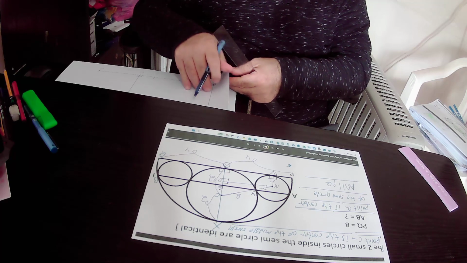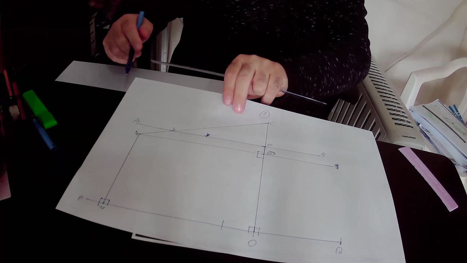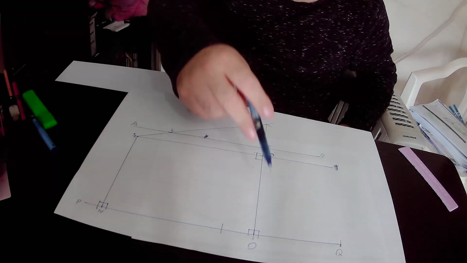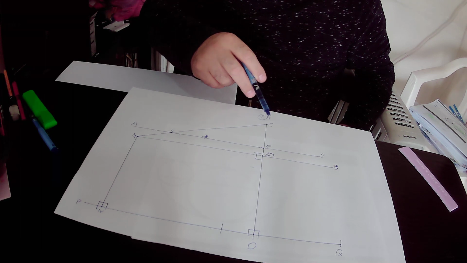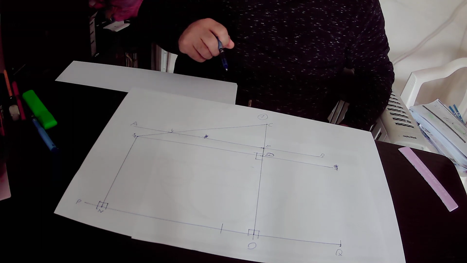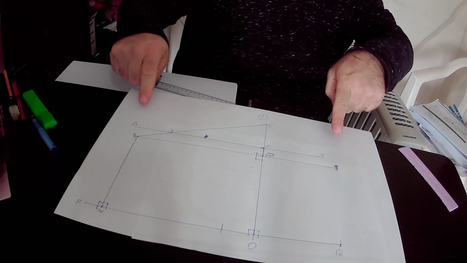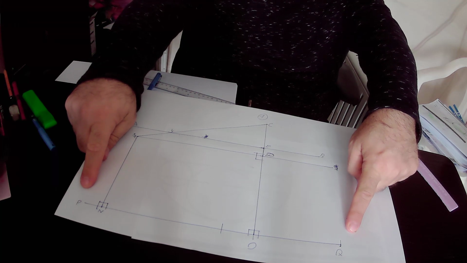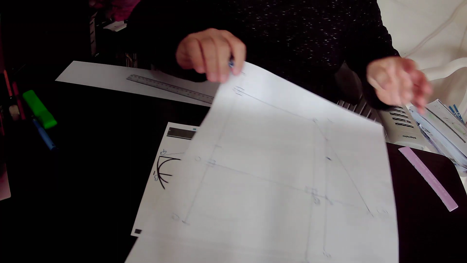So I draw again the quadrilateral MNDO and the right triangle, triangle CDM. We also know that AB is parallel to PQ. Okay, AB is parallel to PQ.